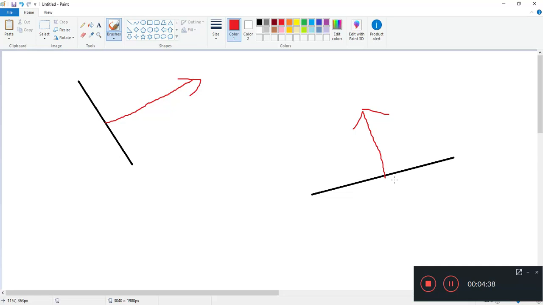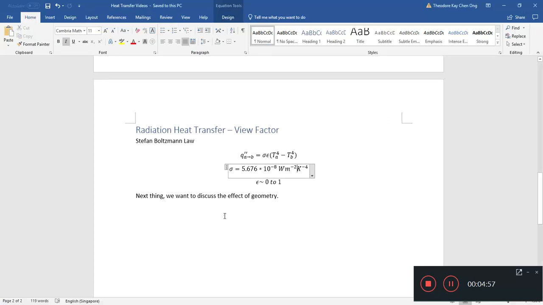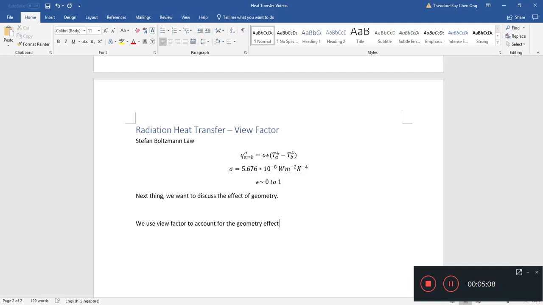Now this video is going to start introducing us to some of that phenomena. To account for how these two surfaces are facing away from each other and are not directed towards each other, we use the view factor. We use the view factor to account for the geometry effect in radiation.